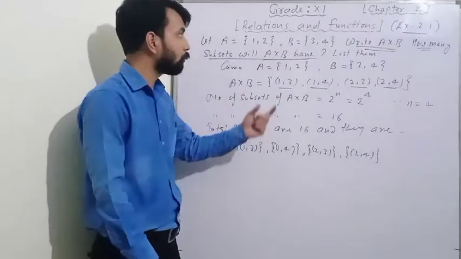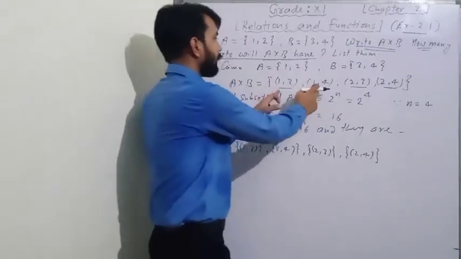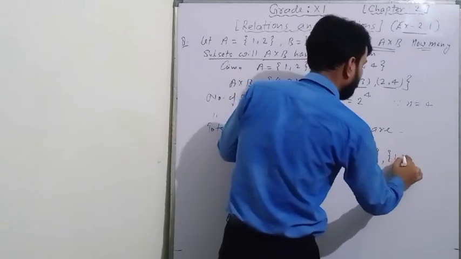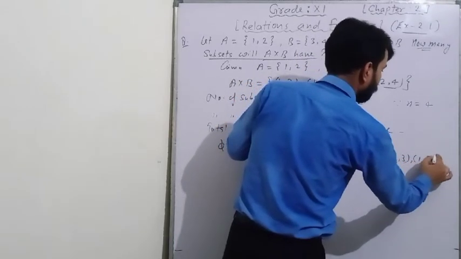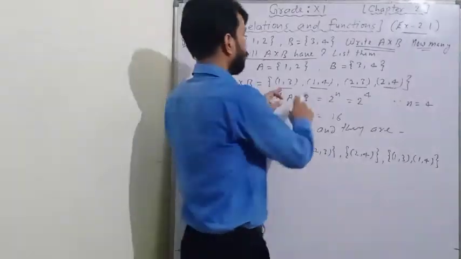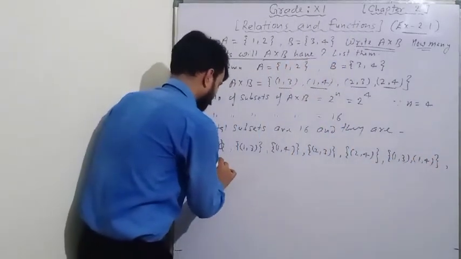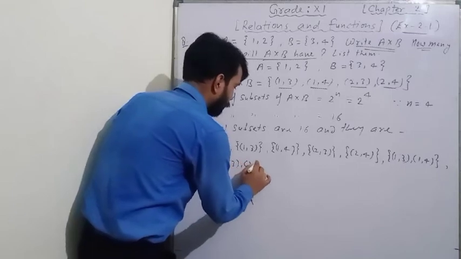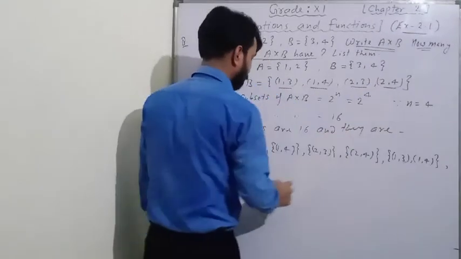Now we will have to take 2 elements. First I am taking the first and second: (1, 3), (1, 4). Clear? Now (1, 3), (2, 3). Now (1, 3), (2, 4).